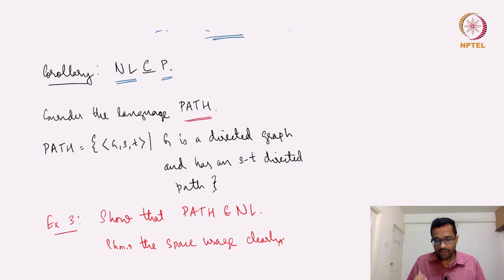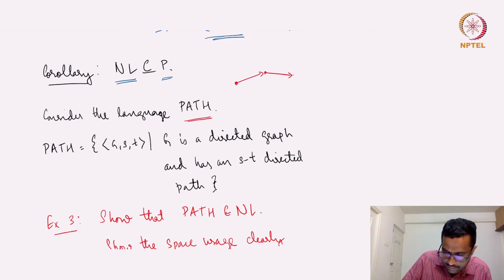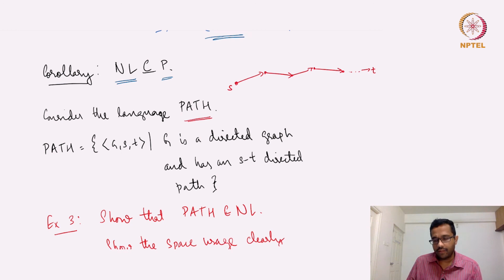PATH is simply: given a directed graph and two vertices s and t, is there a directed path from s to t? Is there a sequence of vertices or edges such that you can start from s and somehow reach t? It's a decision problem.